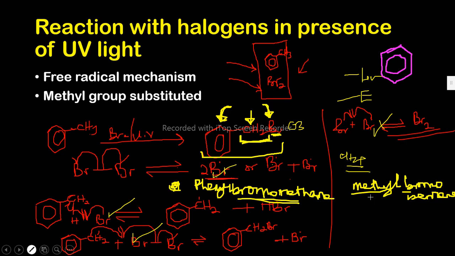And then the methyl group is on carbon number 1 since there is no locant. Any carbon can be carbon number 1. So you have a methyl group, and the bromide is also on carbon number 1. So this is the bromide, and then bromobenzene. So this is what you have named, and it is totally different from what we have.